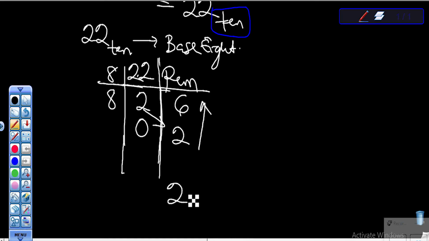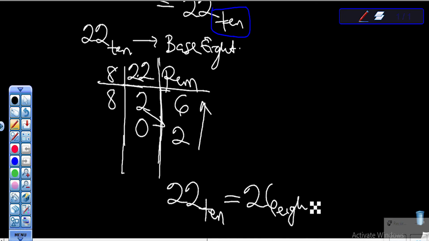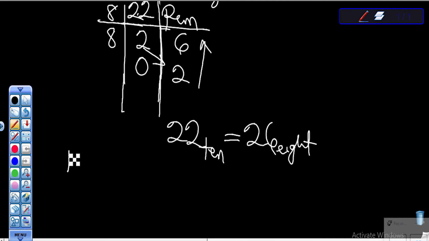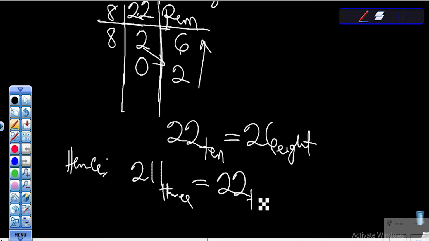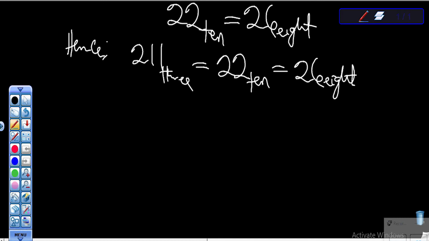So I have it that 22 base 10 is the same thing as 26 base 8. Hence, 211 base 3 is the same thing as 22 base 10, which is also the same thing as 26 base 8. If you should solve a work for me like this, you secure your mark.